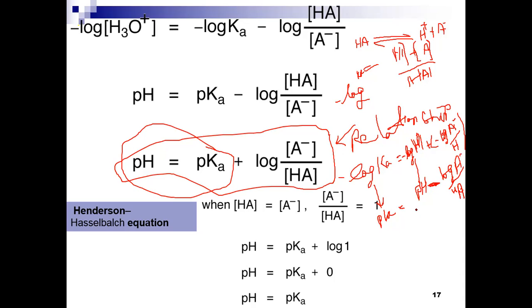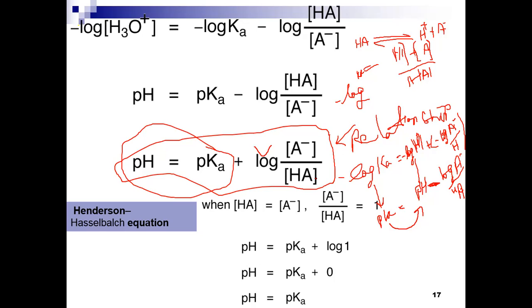When we change the position of the pH, we will get this expression. This is the position where A negative and the concentration of acid are important in the equation.